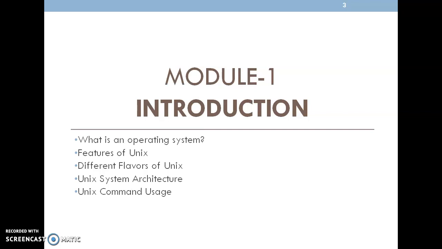Okay, what is an operating system? Whenever we want to perform a task, we need instructions. A set of instructions required to perform a task is called a program, but an operating system is a collection of programs to perform many tasks.